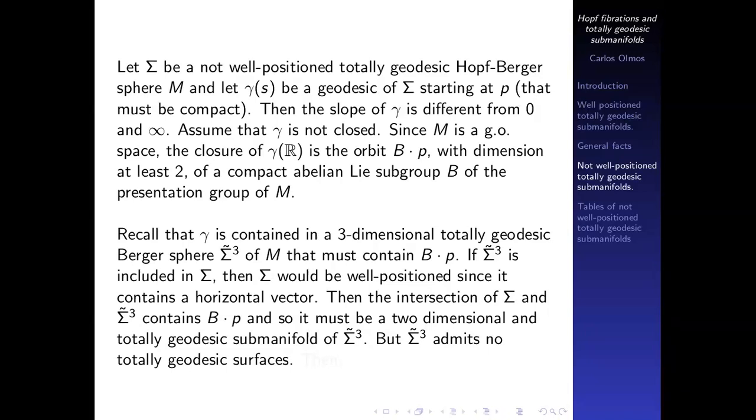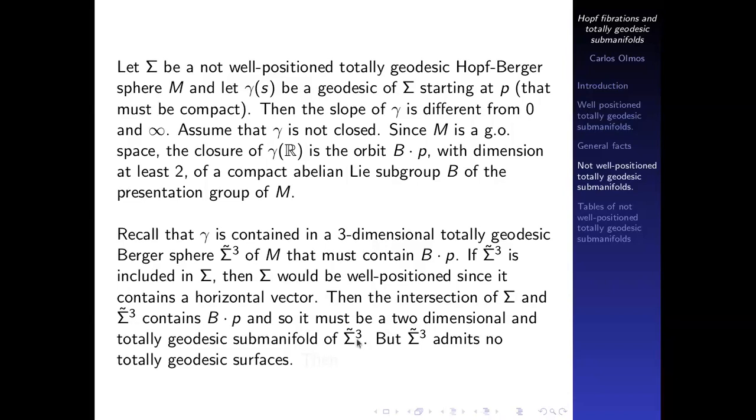But we can check directly that sigma 3 admits no totally geodesic surfaces. This is standard, and it is also well known that if a homogeneous manifold has a totally geodesic hypersurface, it would be of constant curvature.